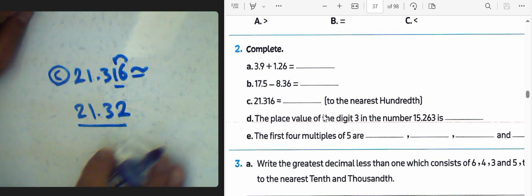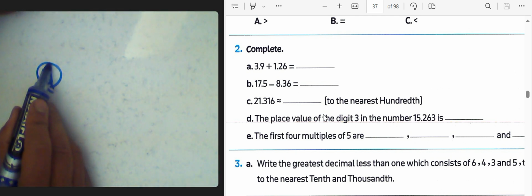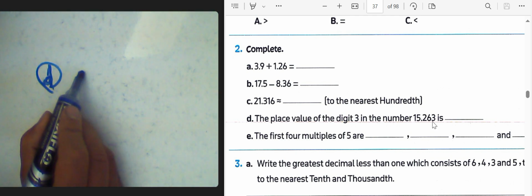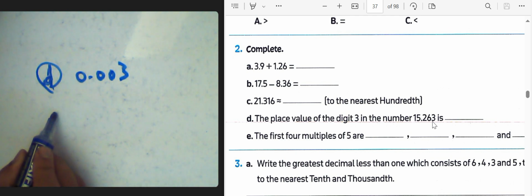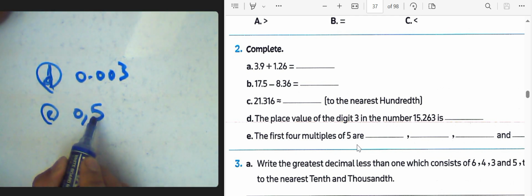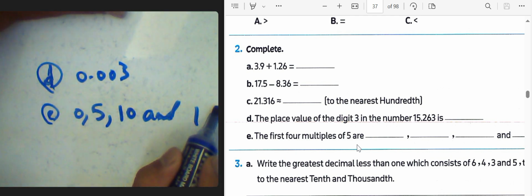Letter D: the place value of the digit 3 here lies in the thousandths. Letter E: the first four multiples of 5 are 0, 5, 10, and 15.